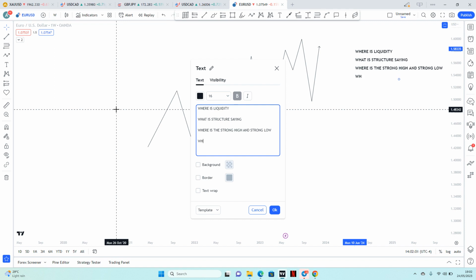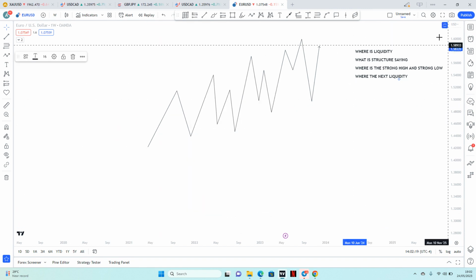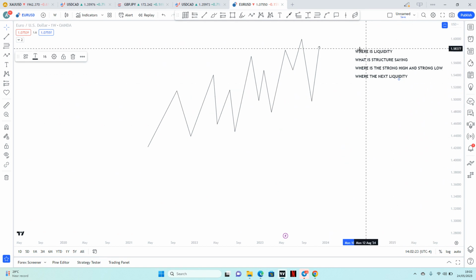Then, where is the next liquidity to target? If you have an answer to these four questions, where is liquidity?